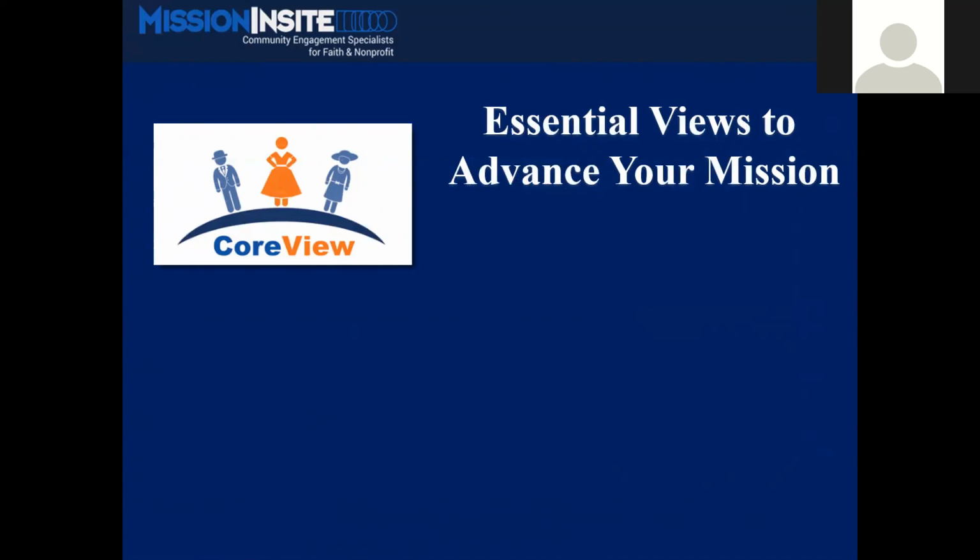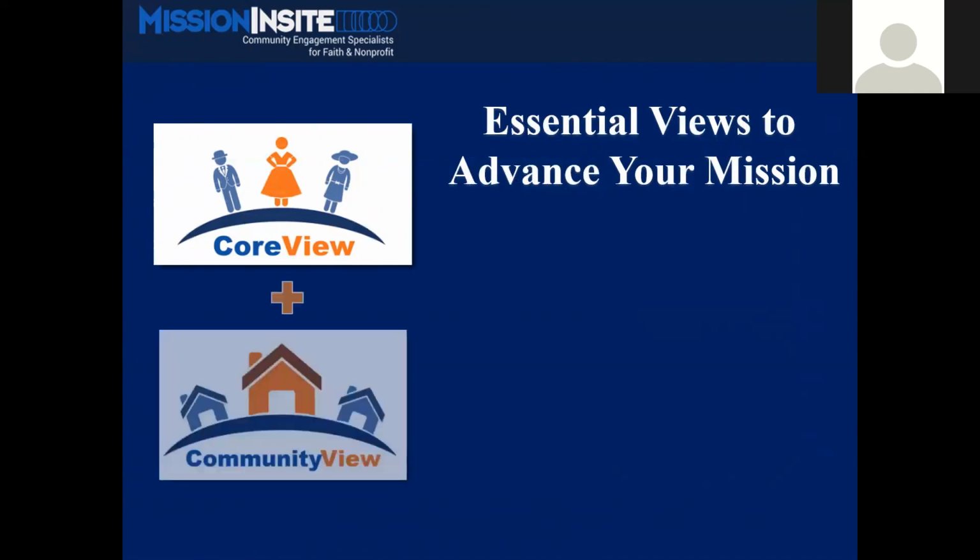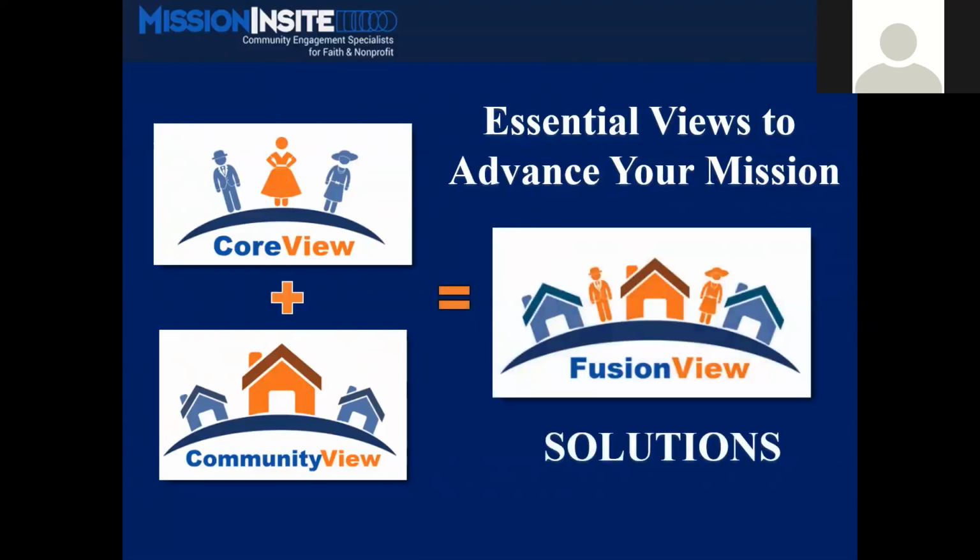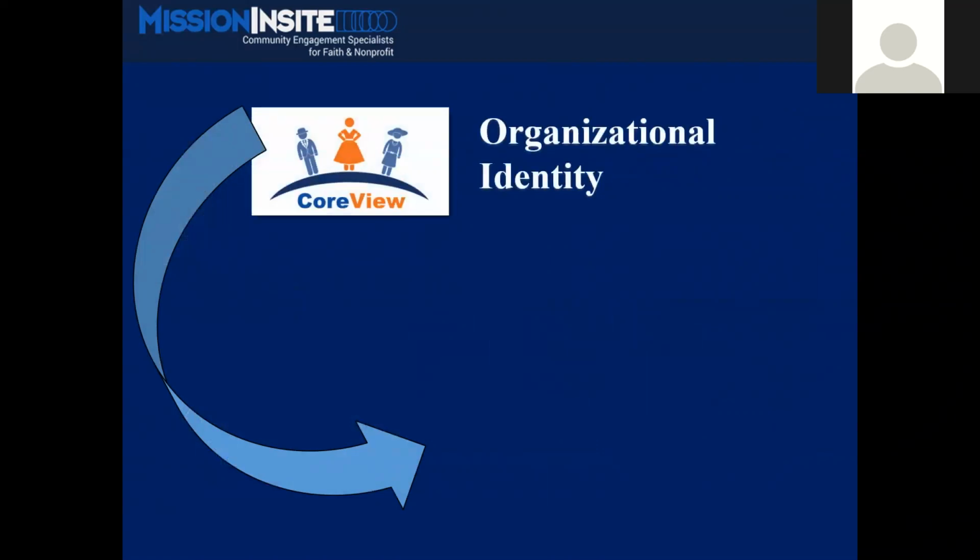We will introduce you to 3 new terms. They are called Core View, which we believe is one of the essential views to advance our mission, Community View, and Fusion View. So what are we talking about when we use this terminology? Core View is really communicating what is true about our organization, your parish, the membership of your parish.